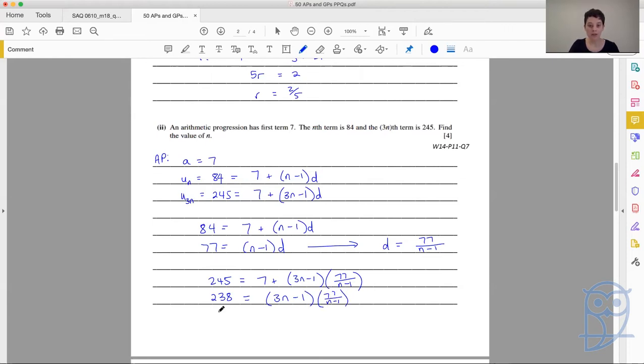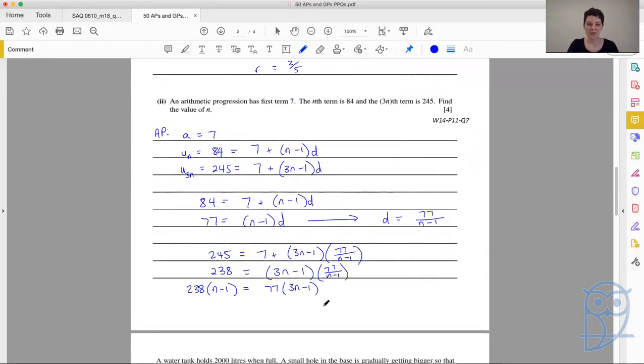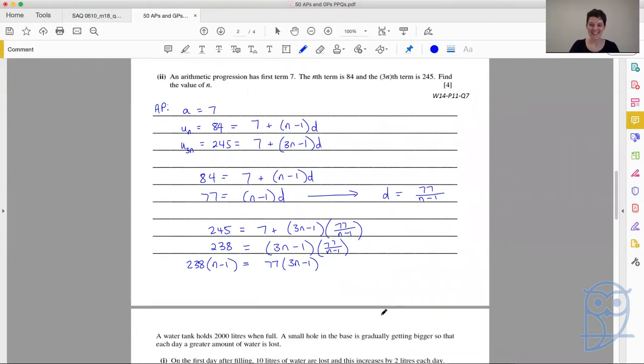Now we can clear our fraction. So 238 times n minus 1 equals 77 times 3n minus 1. And don't worry, in an exam you will have enough space. This was just me not putting enough lines in here. So we have 238n minus 238 equals 77 times 3 gives us 231n minus 77.